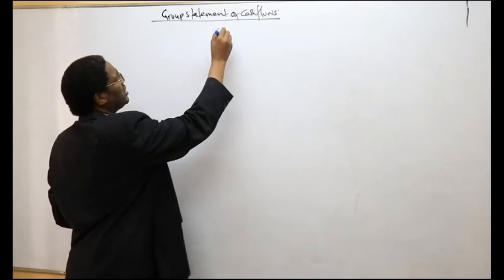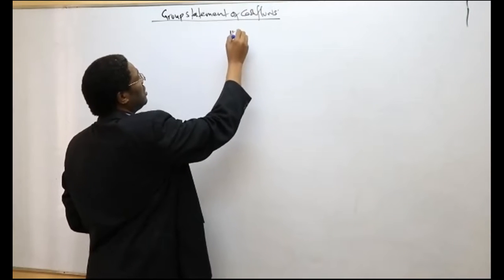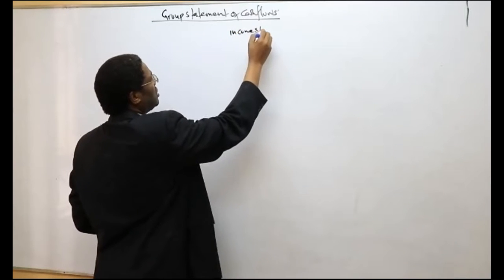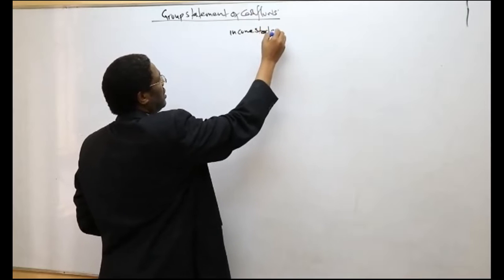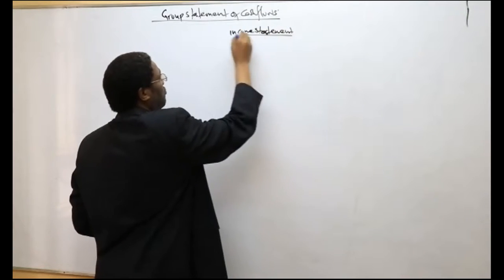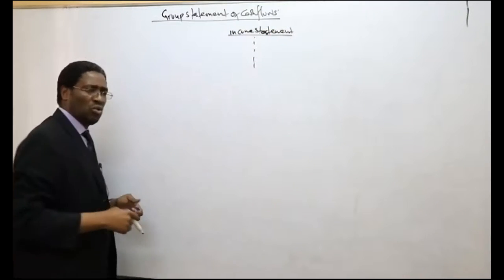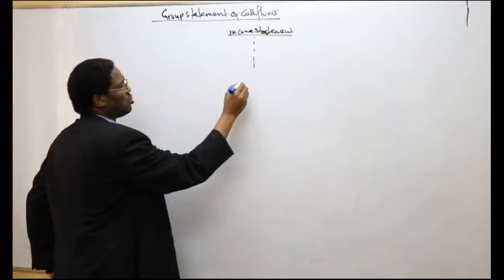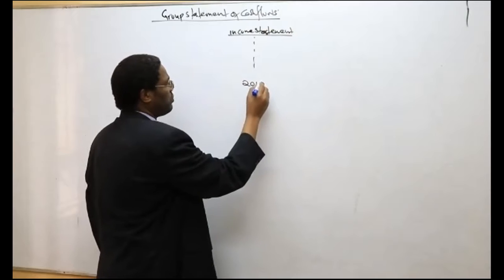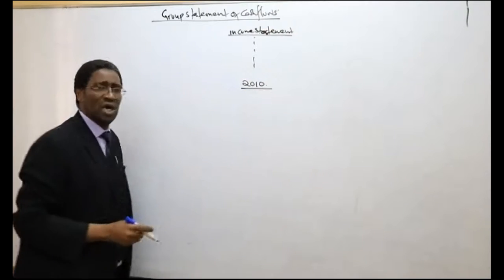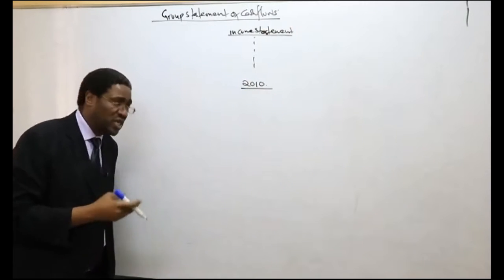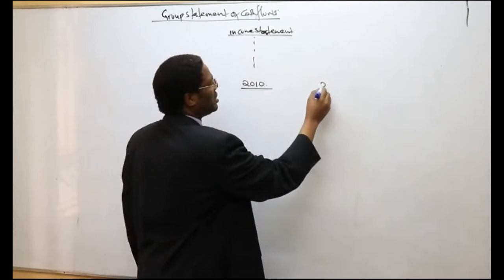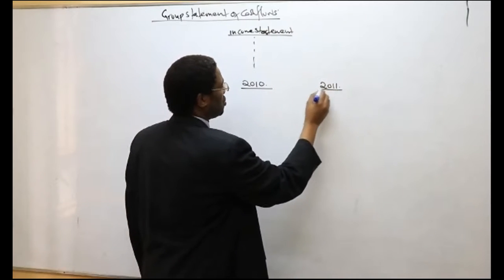Normally, anytime you're given a question on cash flow, the examiner will give you the income statement for that particular year. He will also give you two statements of financial position. One for the previous year, which I'm assuming was the year 2010, and our current year, which I'm assuming was the year 2011.